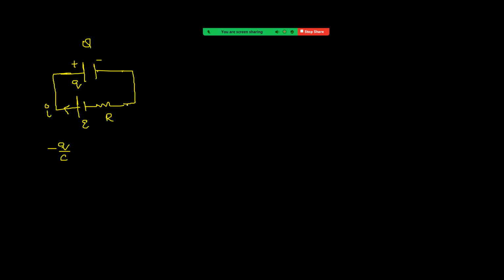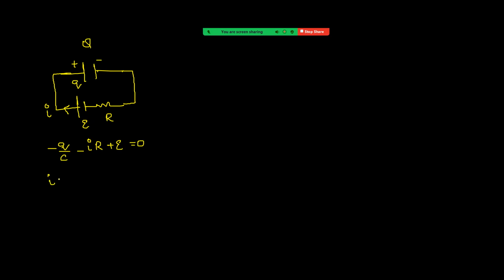Next, we are moving along the current flow, it is minus IR, plus epsilon equal to 0. Now simplify this.